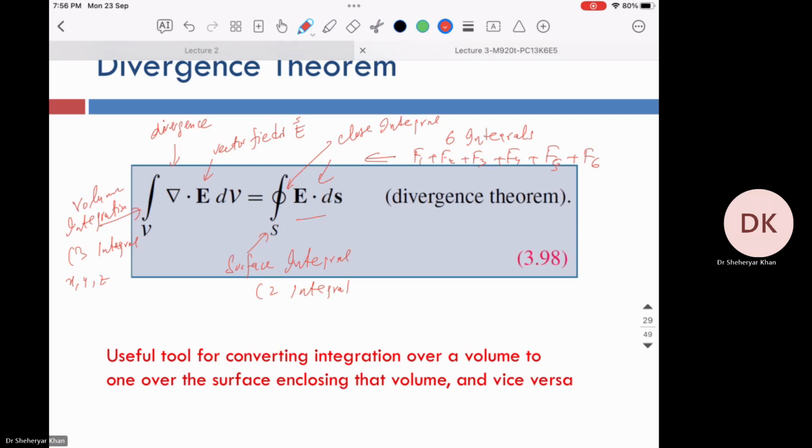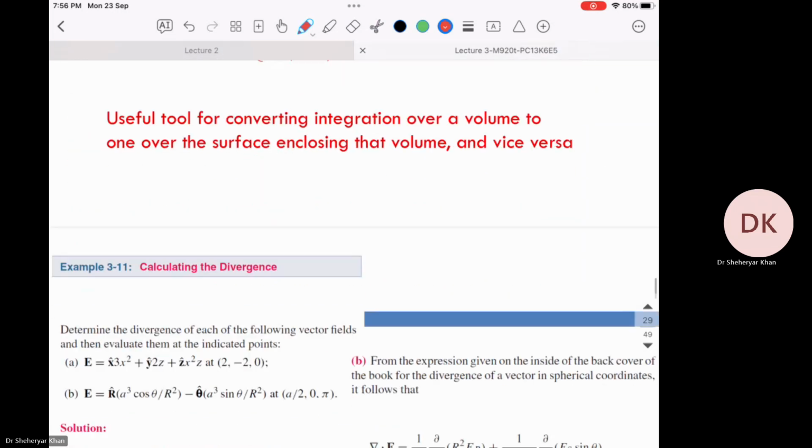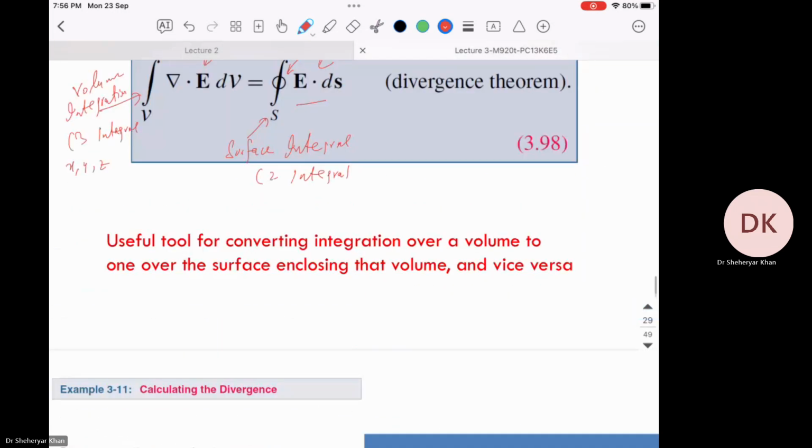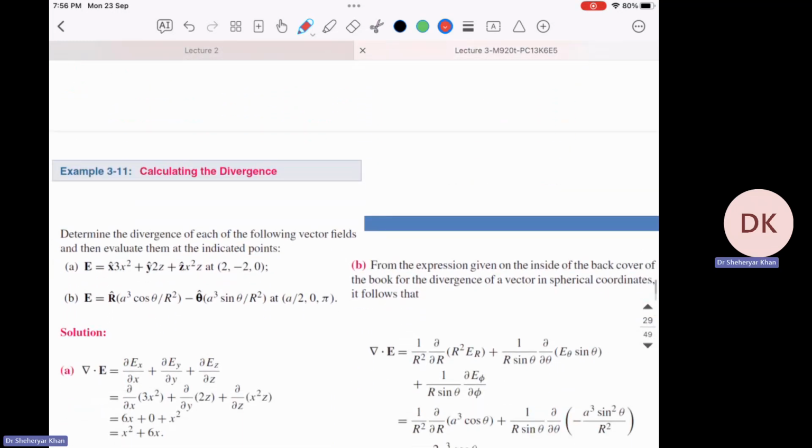Okay. Is this clear? Any question regarding this divergence theorem? Okay.